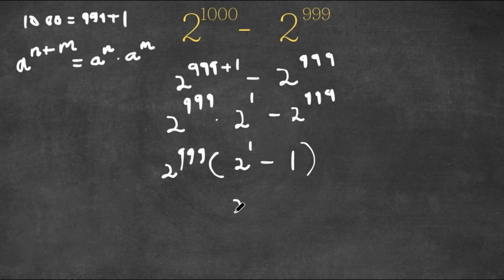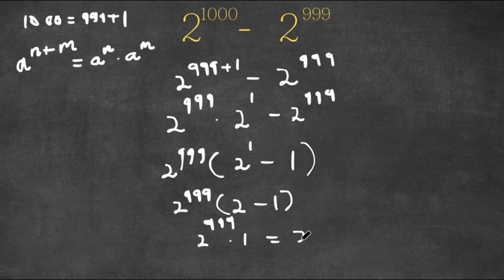Now 2 to the power of 1 is simply 2. So now we have 2 minus 1 times 2 to the power of 999. 2 minus 1 is 1. So we have 1 times 2 to the power of 999. And this is simply equal to 2 to the power of 999. So this is our answer.